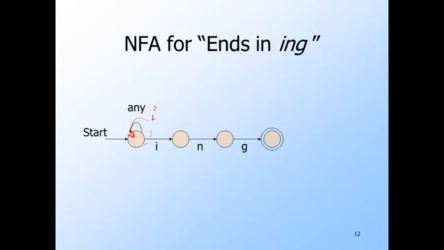It can remain in the start state on the first I and then only travel to the right on the second I. There's no need to worry about what to do in a state like this one that represents the discovery of I and N. Where do you go if the next input is not G? It doesn't matter, because you'll still be here, and another sequence of states will get you where you actually need to go.